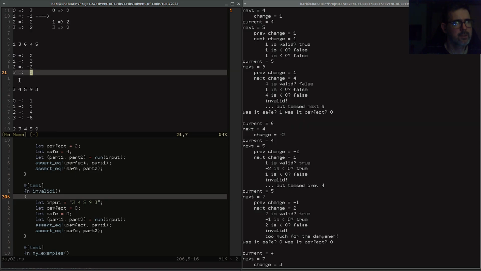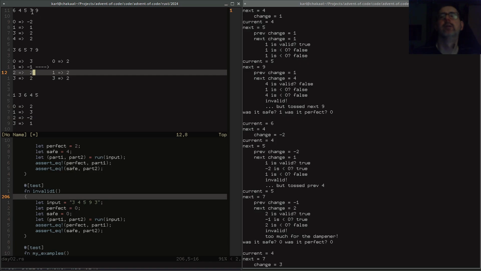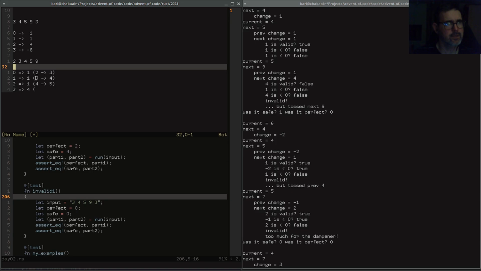Right, because we're saying, right, we've kind of been saying the one we toss out, we need to apply it to the previous one to know what the difference is between the next one. So there is no previous one here. I guess this one, there is no next one.